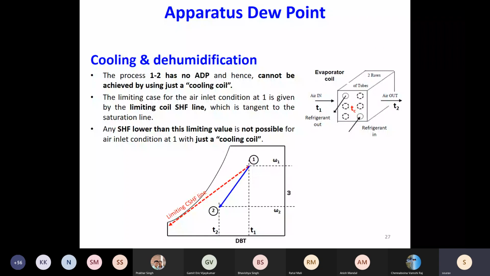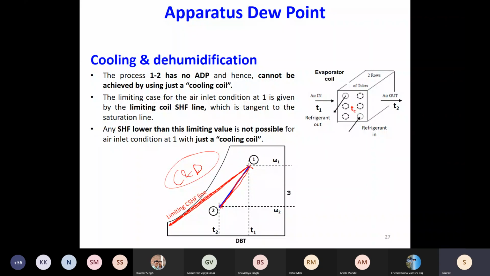Now, when you actually do the analysis of your experimental data, there is a possibility that you might end up with a process like this. So if you are using cooling and dehumidification coil, this is your limiting case.